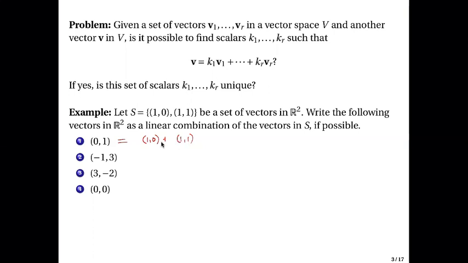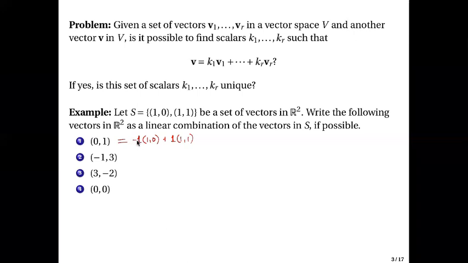Okay? So if we either add or subtract something, the second vector becomes 0 plus something, or minus 0 plus something times 1, etc. But anyway, you will see immediately that this combination, negative 1 times (1, 0) plus 1 times (1, 1), will give us this vector (0, 1).